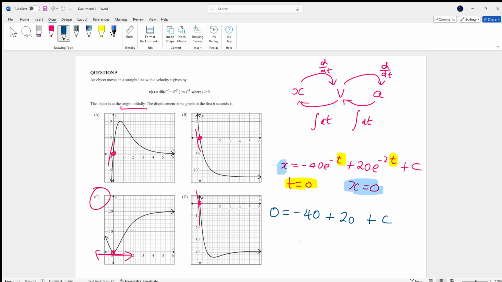So here you get c is equal to, if I add those together, negative 20, and if I move it to the other side, positive 20. So your curve would be this one here.